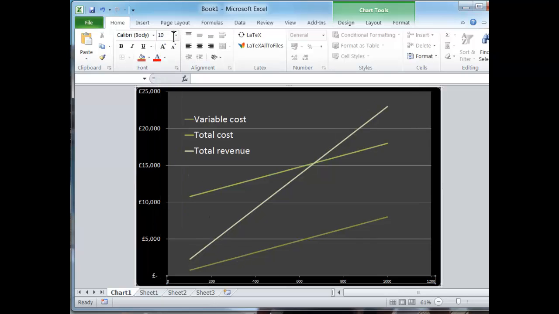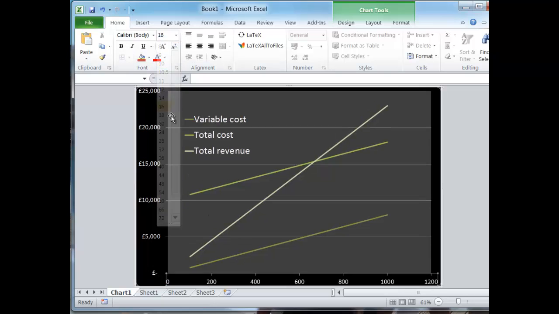This one as well to 16. Okay, here we are. We do see what's happening. We've got, as we see here, the total revenue, starting linear. Of course, it would be nice if everything starts at 0 and if we get a bit more of a balance.